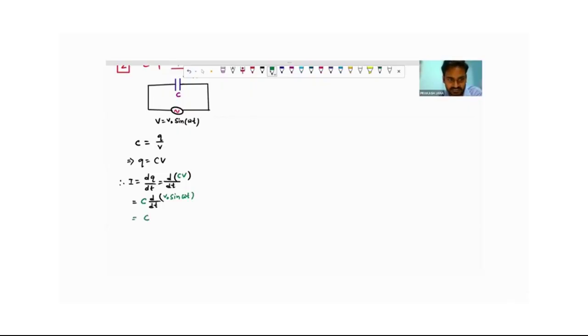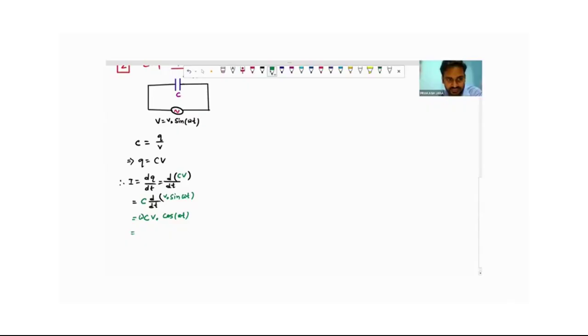This will give C V naught. The derivative of sine omega t gives cos omega t, and an omega will be multiplied with the C V naught.